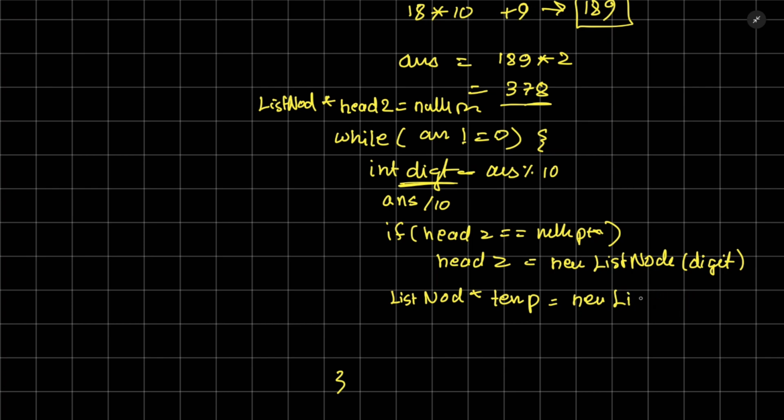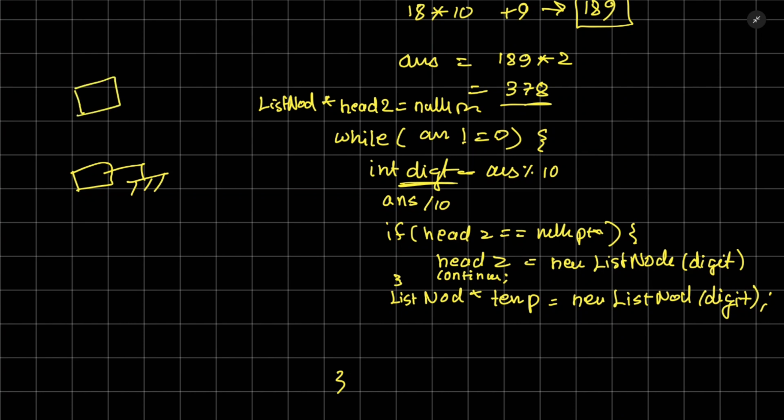And if this has happened, we need to continue the loop from here, as we don't want further computations in this iteration. And as we have made temp, now we have two choices. Let's say we have made our first node and we have gotten another digit that we want to add to this linked list. So you have two options.